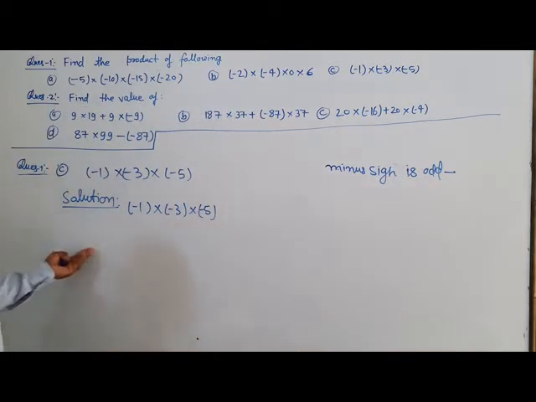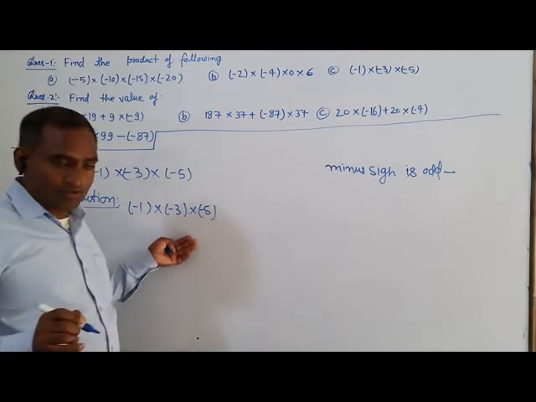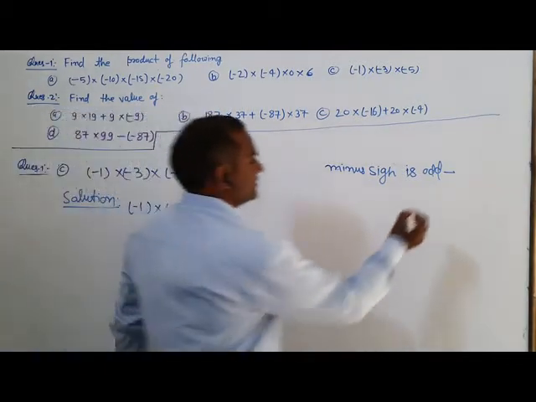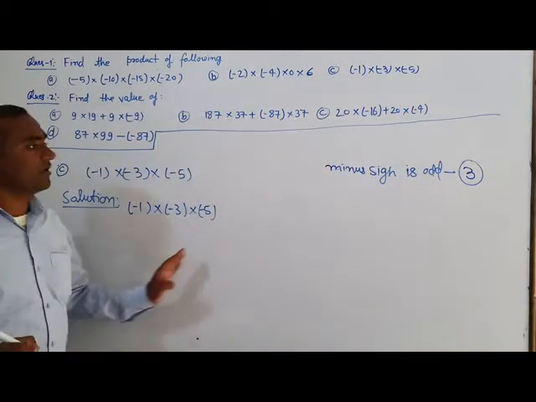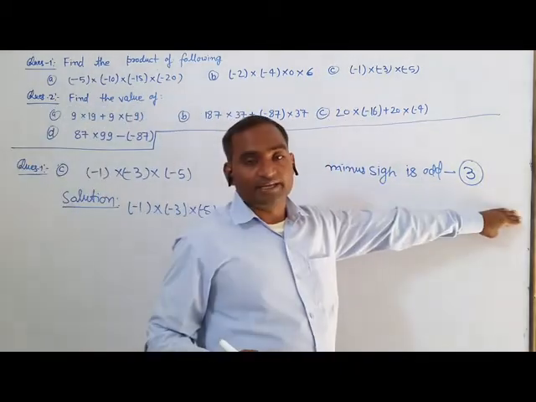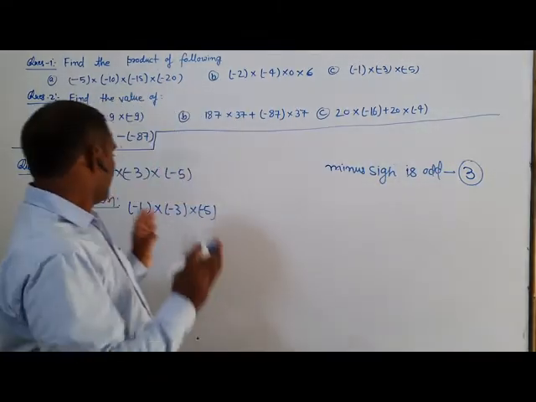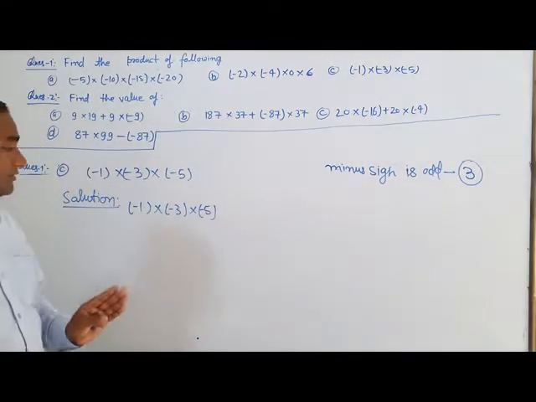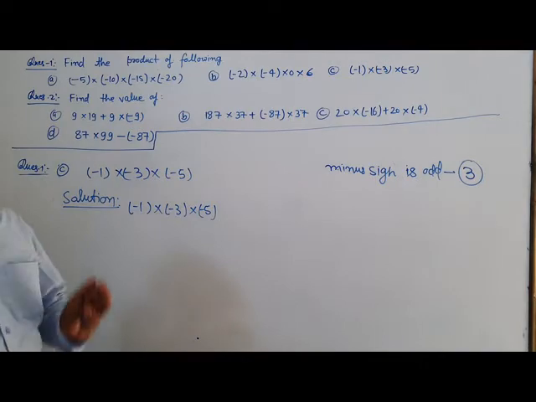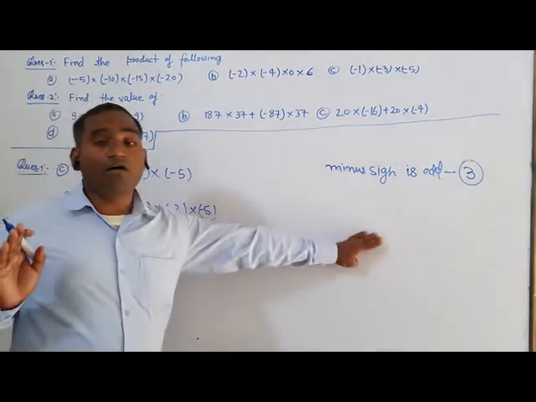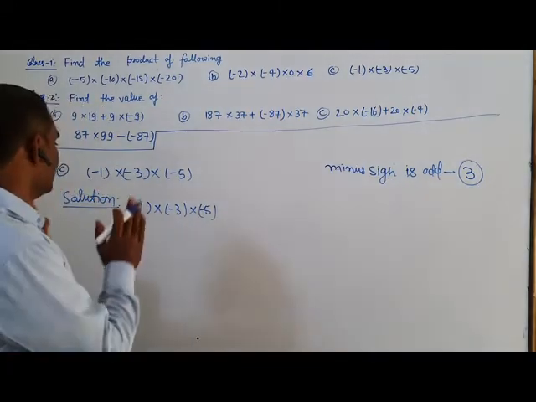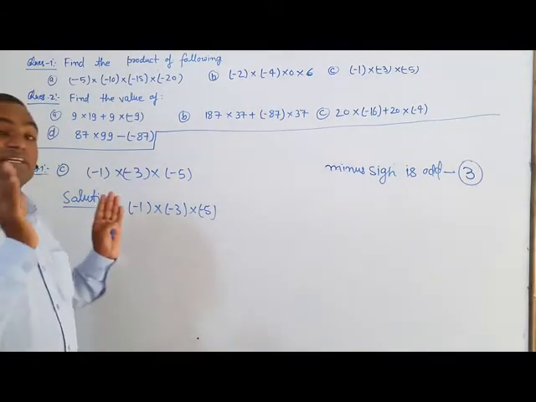minus sign is odd number, 1, 2, 3, 3 minus sign, minus जो sign है वो odd है, odd मतलब 3 है. If the number of negative sign, the number of minus sign in multiplication is odd, then the sign of product is negative.